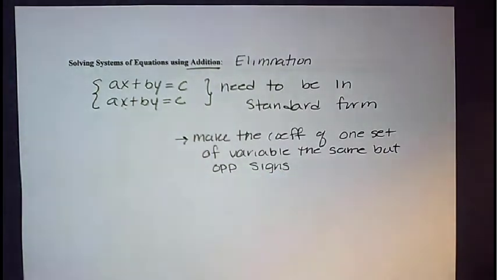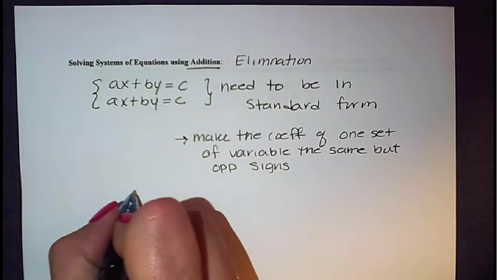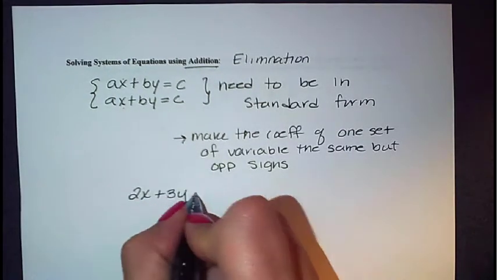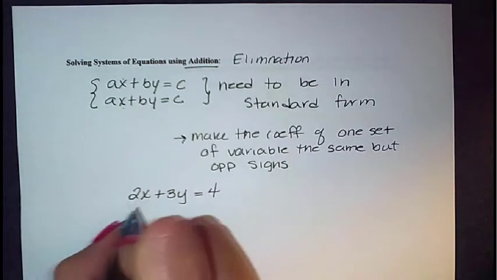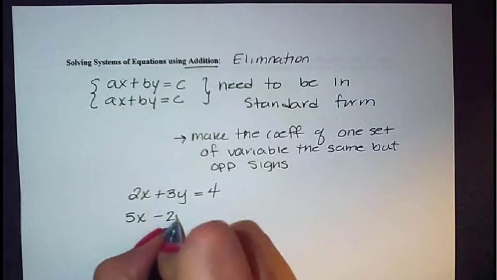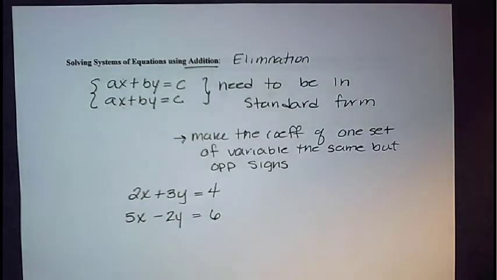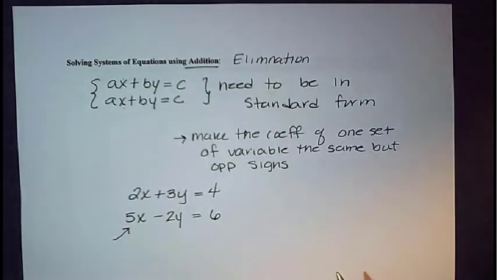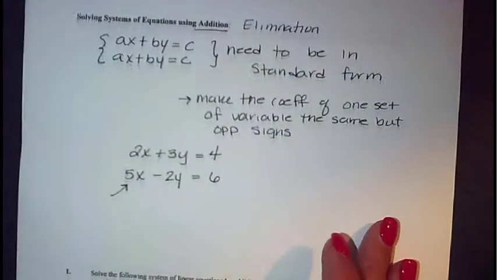Okay, so for instance, let's just say that I had these two equations, and then I had what I want to do. For instance, let's say that I want to get rid of or eliminate my x's here.